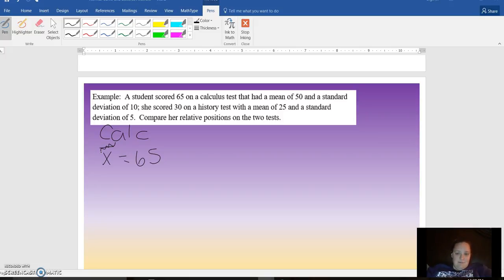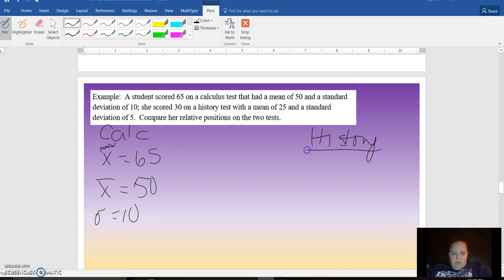On the calculus test, the mean is 50, so that's x bar, 50. Standard deviation is 10. Then she had a history test, and she scored 30 on the history test. The mean was 25, so she did better than the mean. Standard deviation is 5.